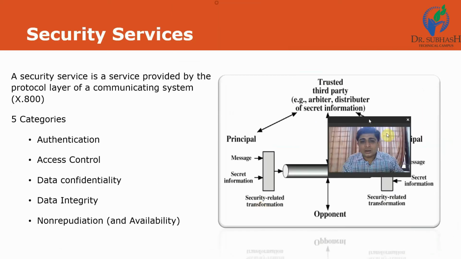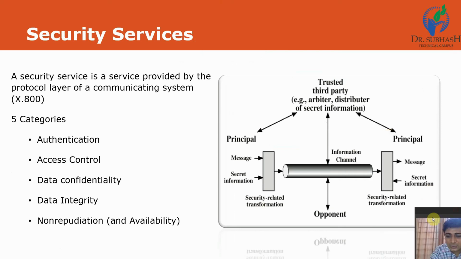Next service provided by the network is the security service. See, if we have multiple computers connected to each other, and they want to communicate between all the computers and the server, then there is the question of security.